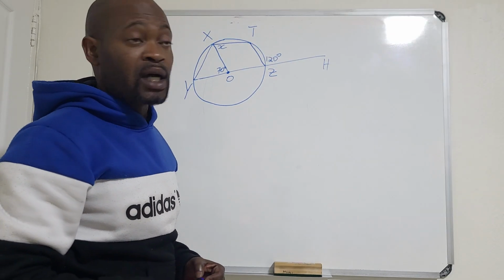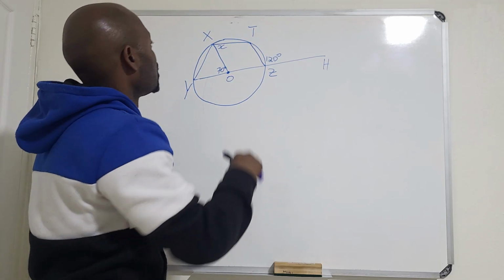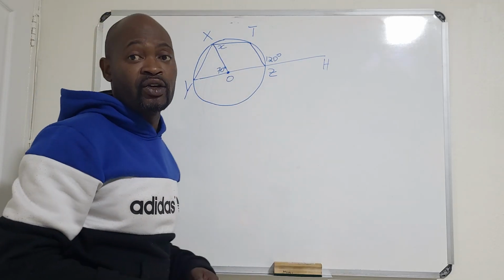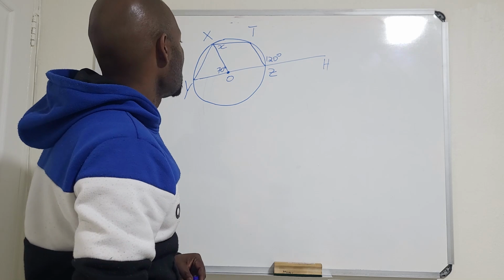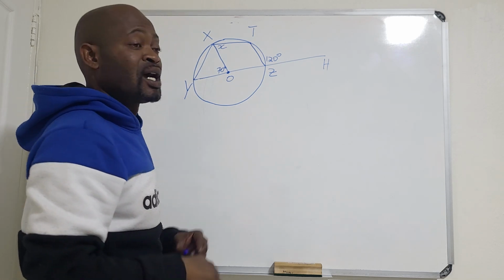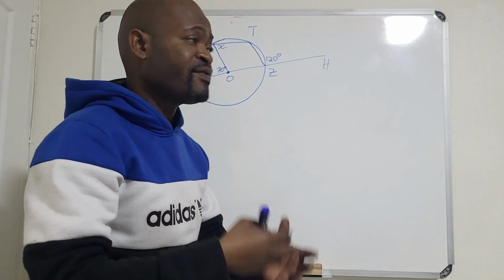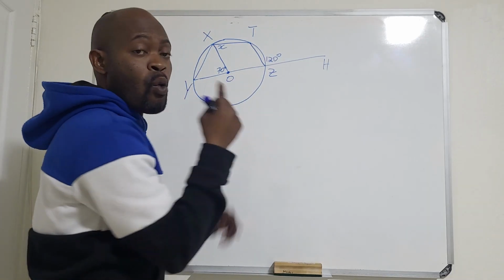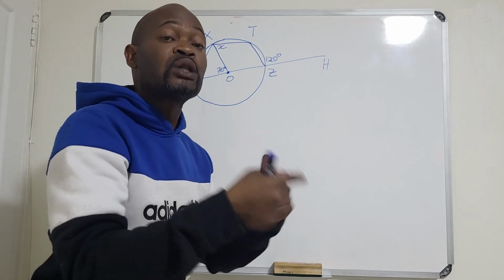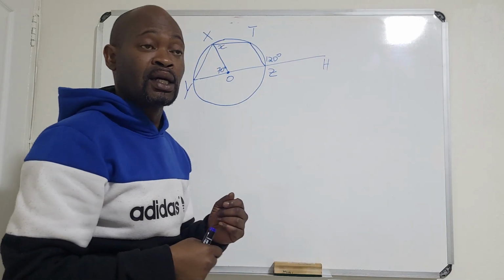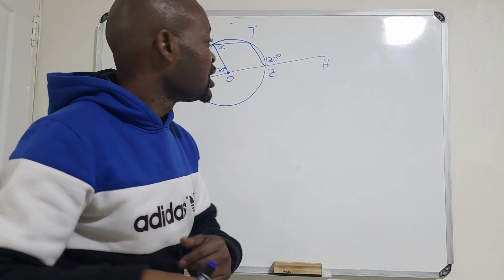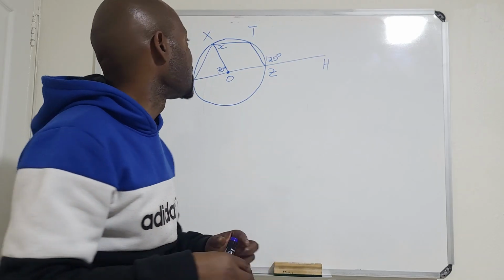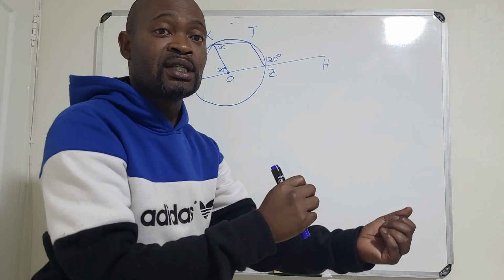Now, we are told to find the value of X. For us to find the value of X, we have seen with the previous examples, we probably only use the theorem once. Then we use what we have learned in part 1. Even in part 3, we are still going to look at eliminating theorems.